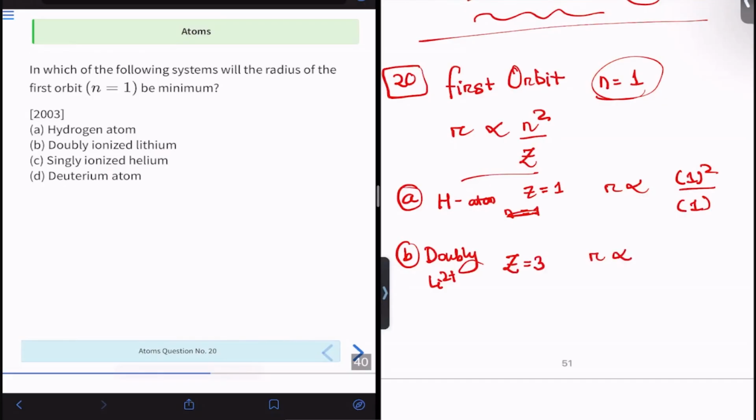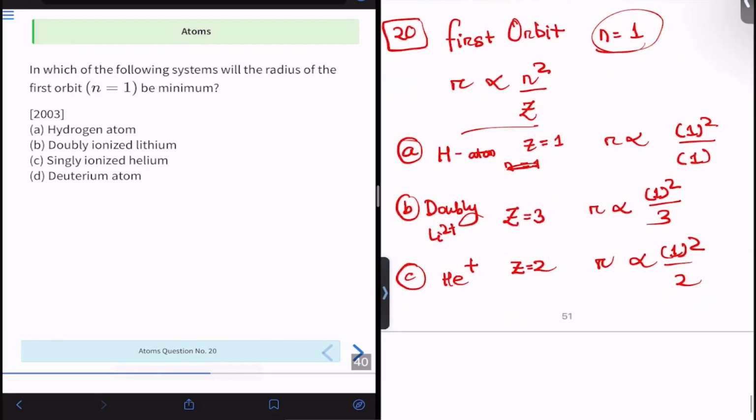So R will be proportional to n square upon Z. Then option C says singly ionized helium. In singly ionized helium, Z will be equal to 2. So R is proportional to 1 upon 2. Option D, deuterium atom. In deuterium atom as well, Z will be equal to 1. So the radius will be proportional to 1 square upon 1.